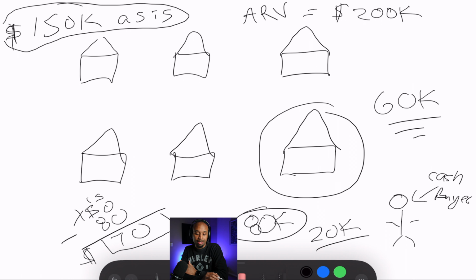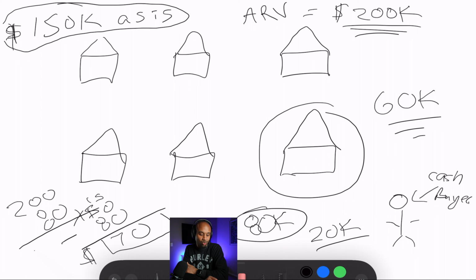And then not only that, the house, after it's really fixed up, like all new finishes and everything, could sell for 200K. So actually the guy has, what is that? That's 120. He has 120K in this house. You know what I mean?